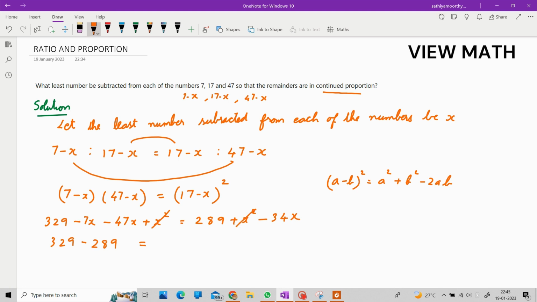Now the x terms, I'm going to bring to the other side. I'll get 7x plus 47x minus 34x. 329 minus 289 is 40, which is equal to 7x plus 47x minus 34x, which gives 20x.